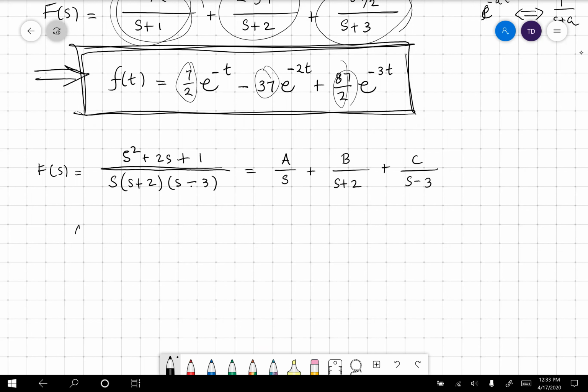All right, 9 plus 6 plus 1 divided by 3 times 5. So that's 9, 10, 16 over 15. Beautiful. F of s equals A, minus 1/6 divided by s, plus B, 1/10 divided by s plus 2, plus C, 16/15 divided by s minus 3.